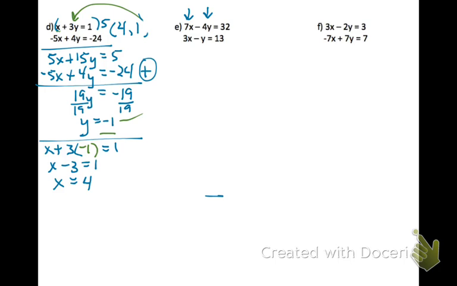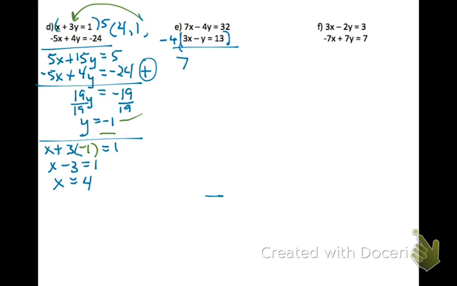Well, I notice that if I multiply my second equation by -4, then I will get a +4y. And you know what? I'm going to put that out front so it's really clear to us that we're multiplying.